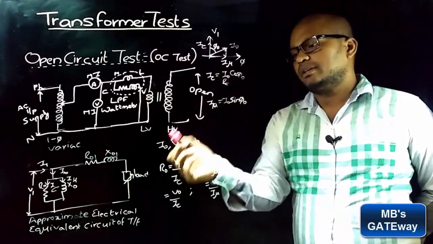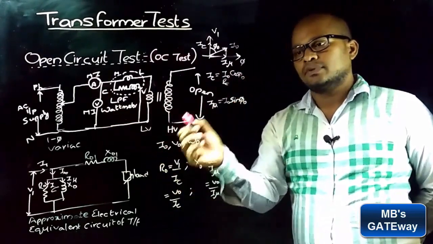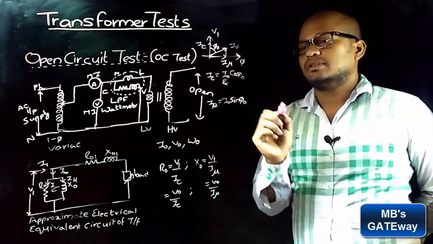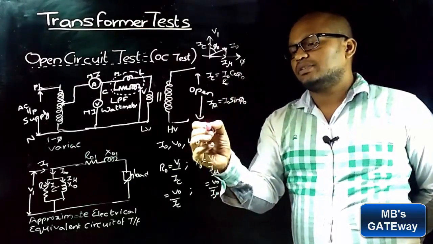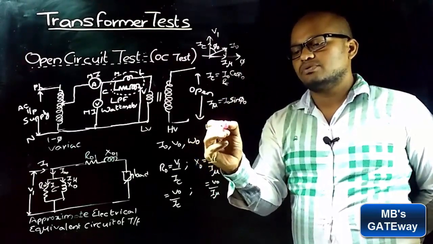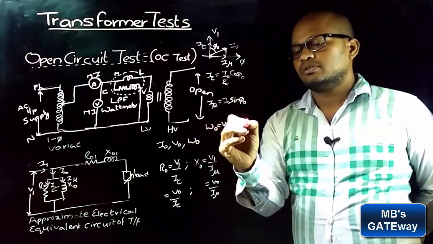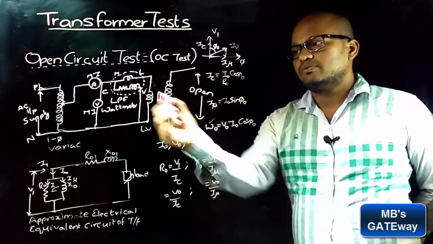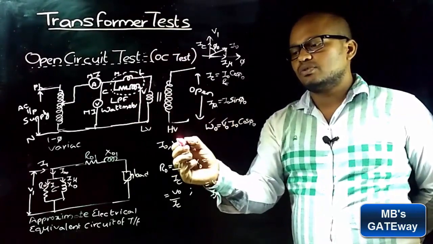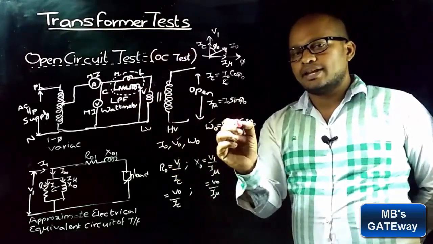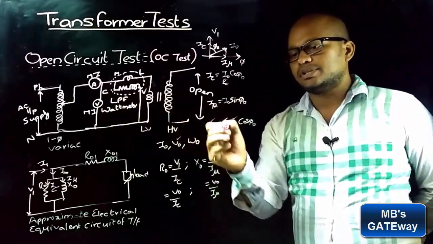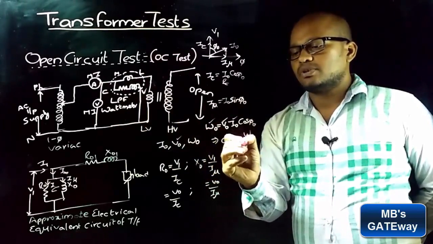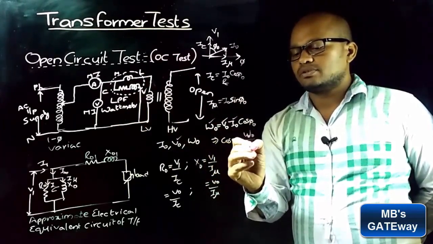I naught is given by the ammeter reading, so we need to find phi naught to find IC, and phi naught is found by the wattmeter reading: W naught is equal to V naught I naught cos phi naught. So W naught is known from the wattmeter reading, V naught is known from the voltmeter reading, and I naught is known from the ammeter reading, which implies cos phi naught is equal to W naught by V naught I naught.